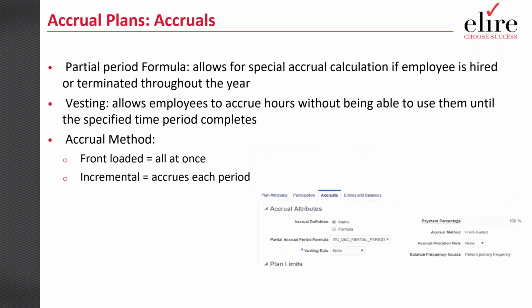So the nitty-gritty of accruals happens on the accruals tab of the plan. And so we've got a couple different features to highlight here. Number one are partial period formulas. So a partial period formula, Oracle Absence Management uses what they call fast formulas.